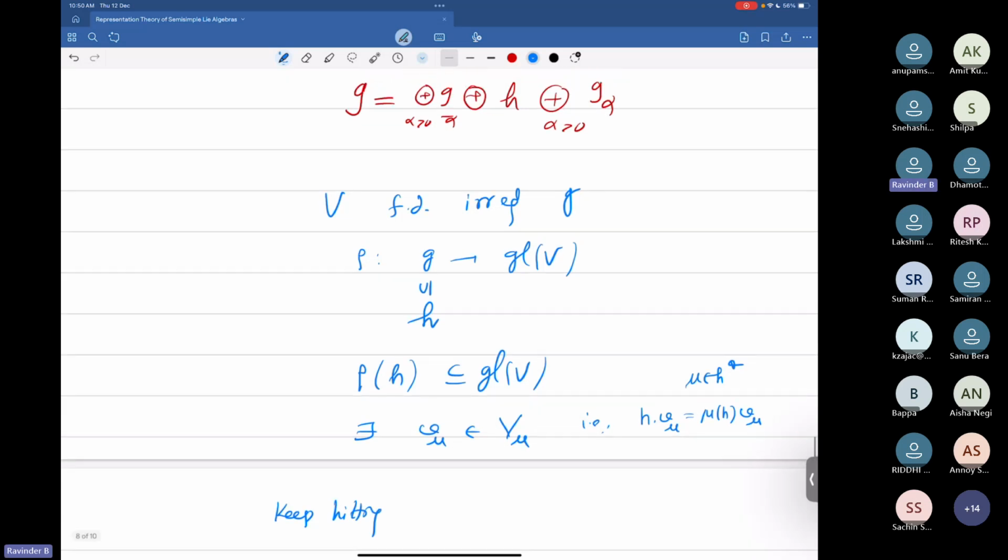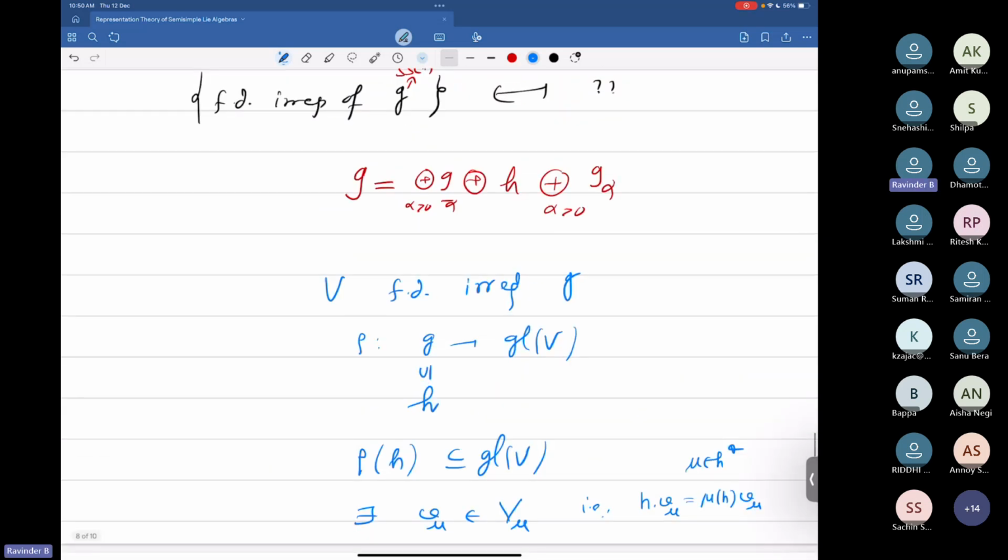I didn't know earlier, but now I know, because I know each G alpha for a positive root. So these are like upper triangular for me. And if you remember, for each root there is an E alpha. So G alpha is exactly spanned by E alpha. This I didn't tell you, because the dimension of root spaces are all 1.